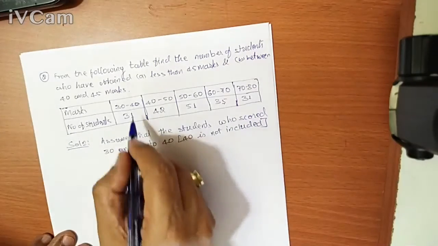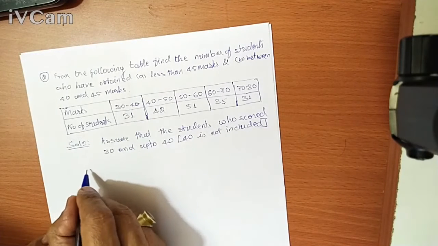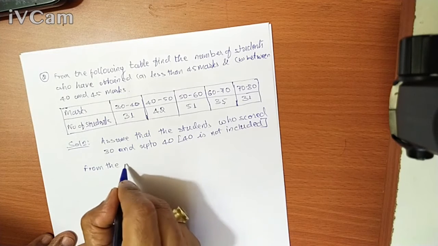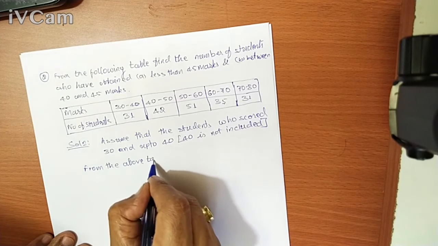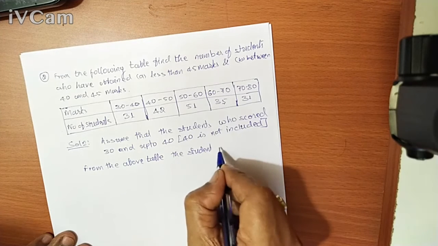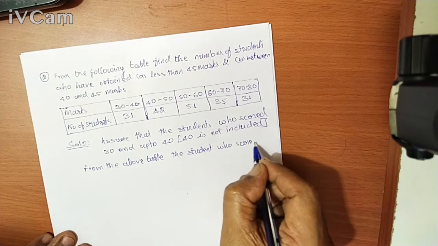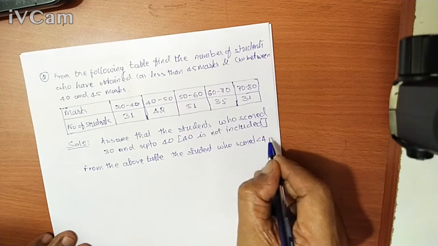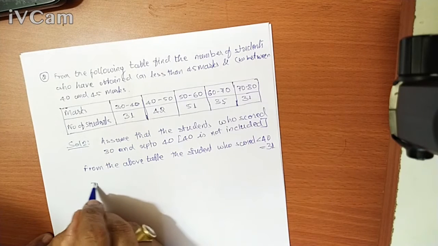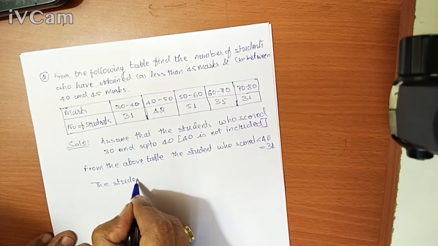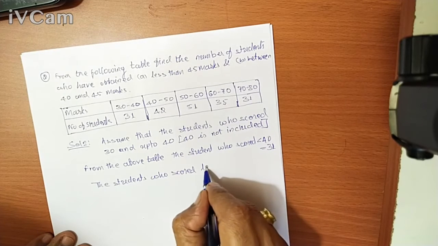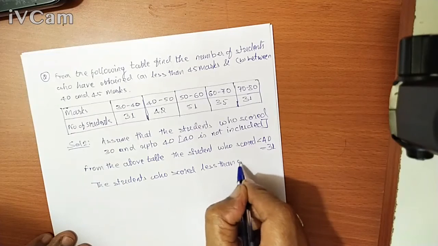Now, therefore, I'll form a new table. From the above table, the students who scored less than 40 is equal to 31, right? Next, the students who scored less than 50 will be what?